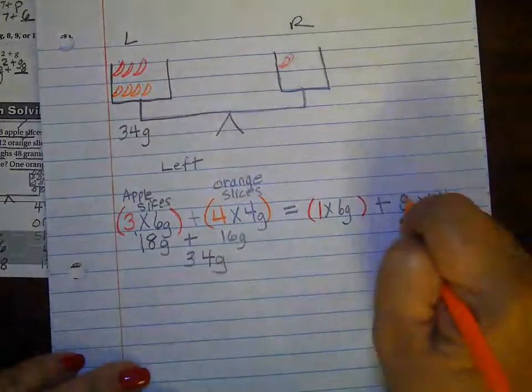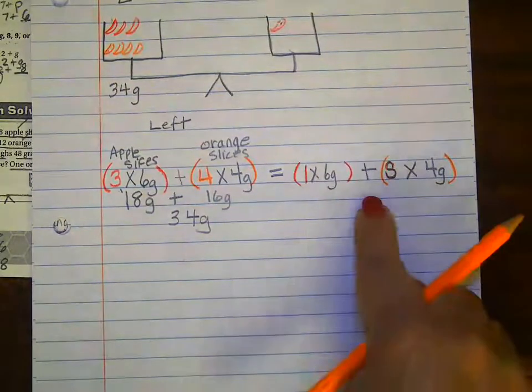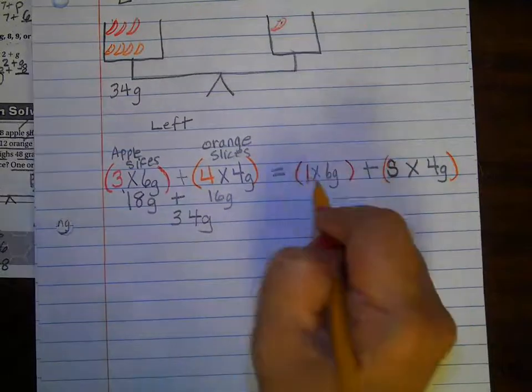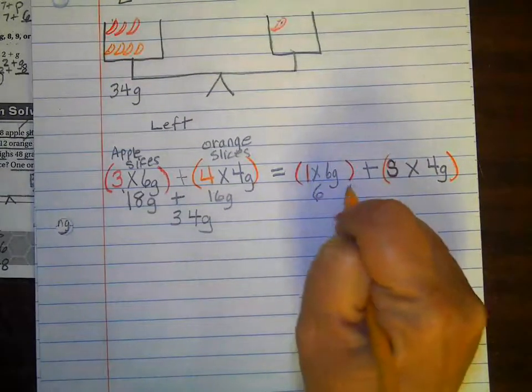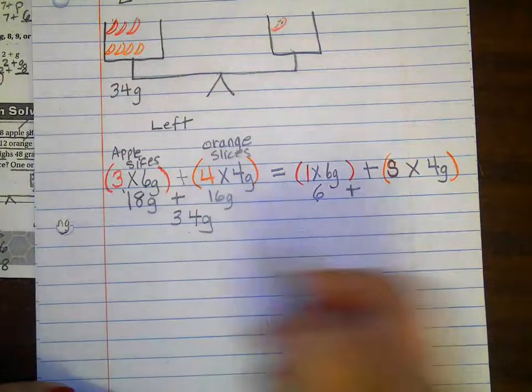So I'm going to put this in S because this is what we need to find. And we're needing to find S. What is that missing variable? So we know that 1 times 6 equals 6. We need to get to 34, right?